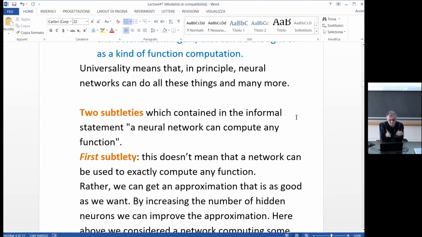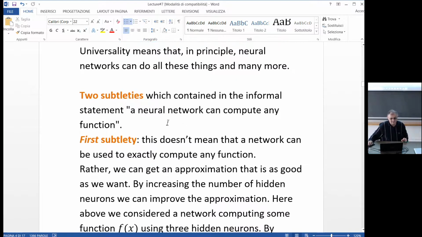Universality means that in principle, a neural network can do this and many more. There are some subtleties contained in the informal statement that a neural network can compute any function.